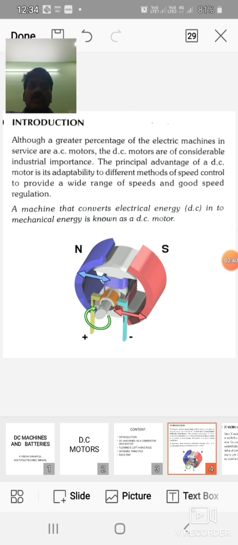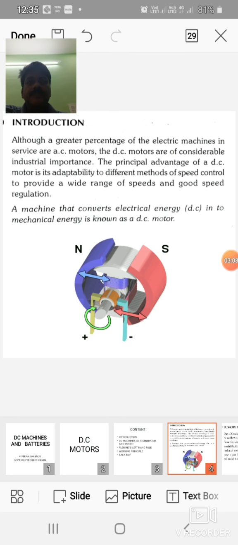The principal advantage of a DC motor is its adaptability to different methods of speed control. It is very easy to control the speed of DC motors compared to AC motors. Very smooth variation of speed control can be obtained by using these DC motors.